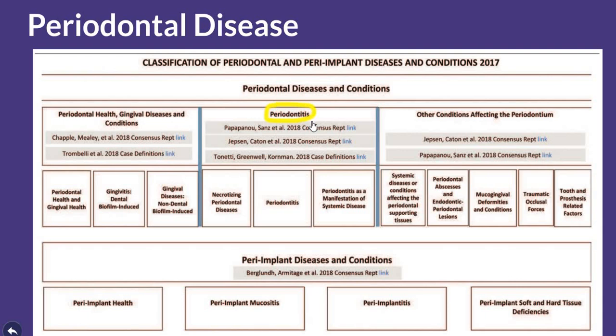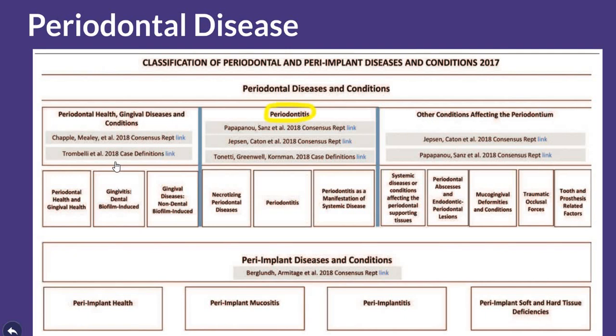While in case of periodontitis, previously there was necrotizing periodontal disease, chronic periodontitis, aggressive periodontitis, then periodontitis as manifestation of systemic disease. Nowadays, these two remain the same, while aggressive and chronic became one topic. And we have other conditions affecting the periodontium, which we will talk about later in separate entities.